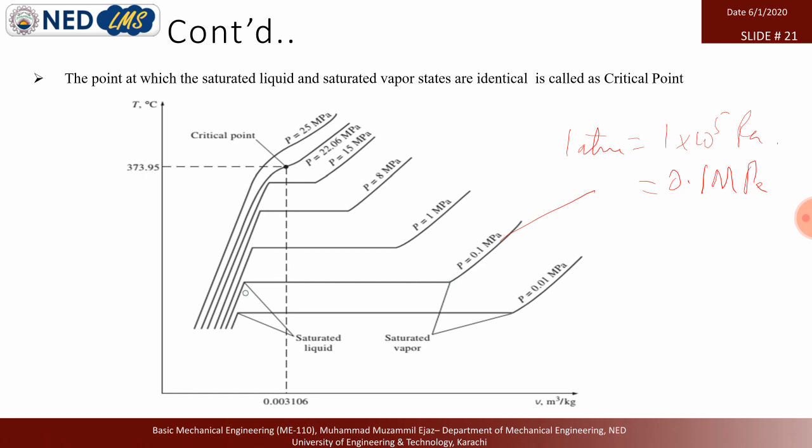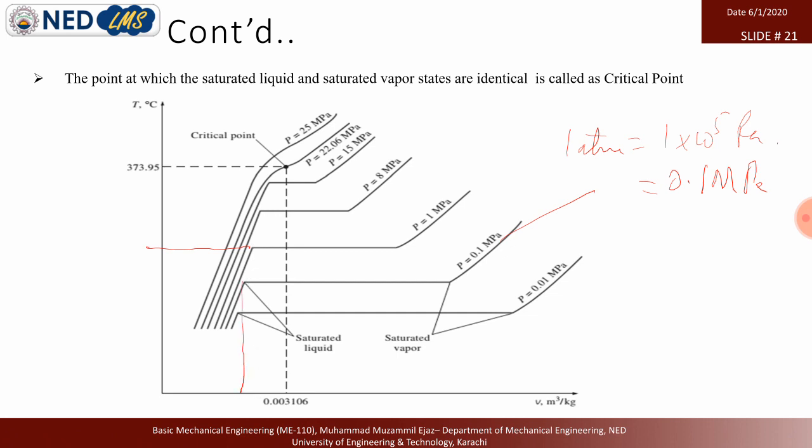So this is the previous graph, but if we increase the pressure to 1 megapascal, the boiling point of that water will increase, and the specific volume will increase as well.